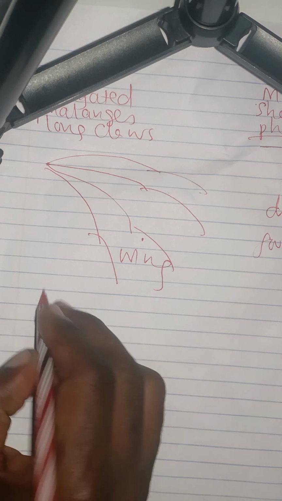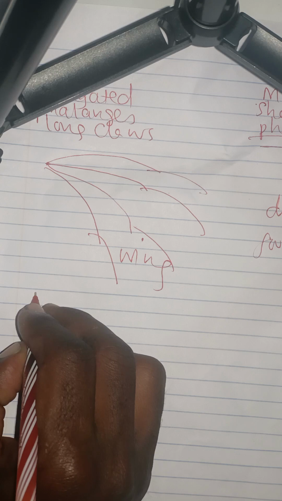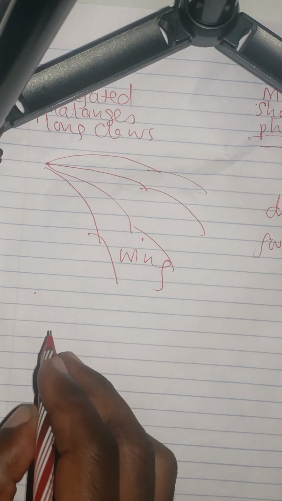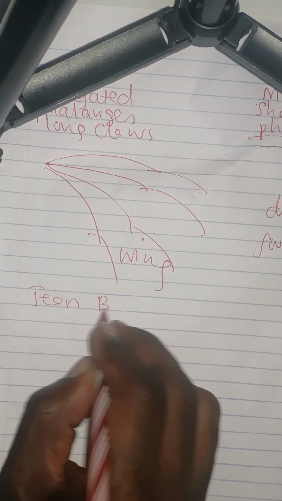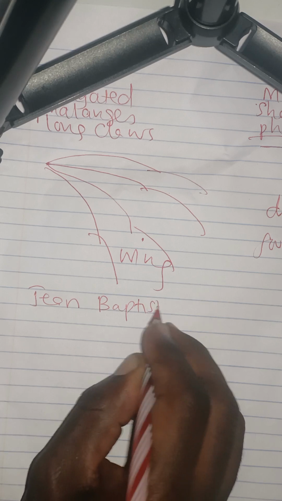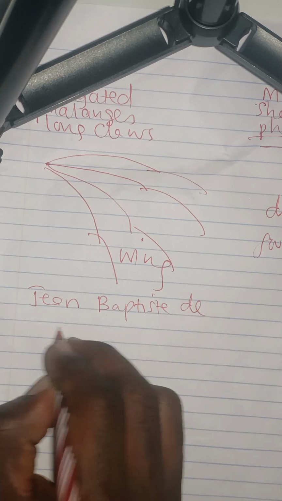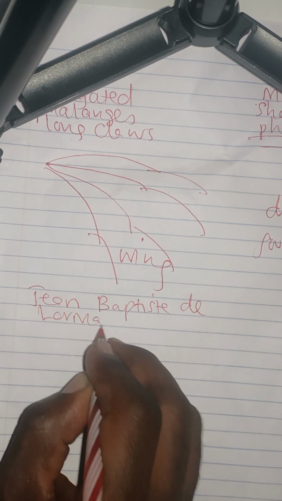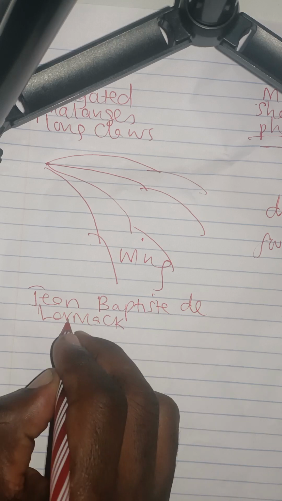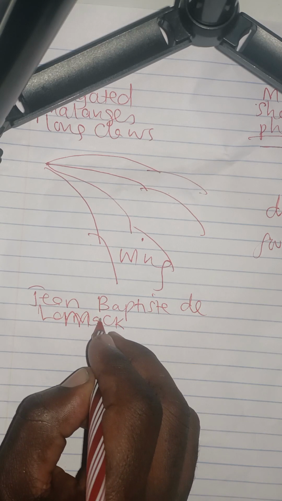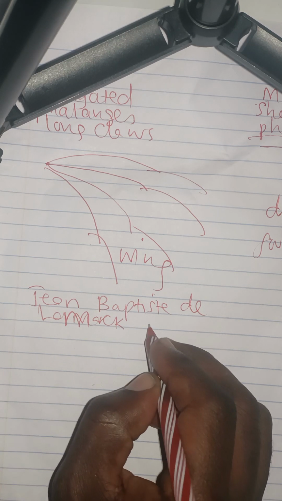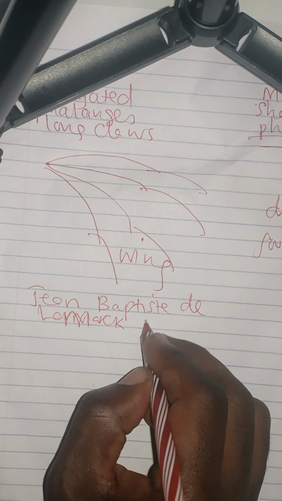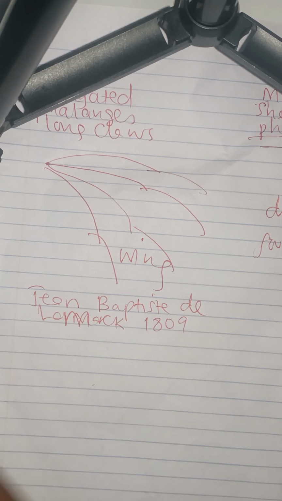For example, in our syllabus, and to help us understand this area very well, we've been given Jean Baptiste de Lamarck's theory. This theory came into work in 1809.